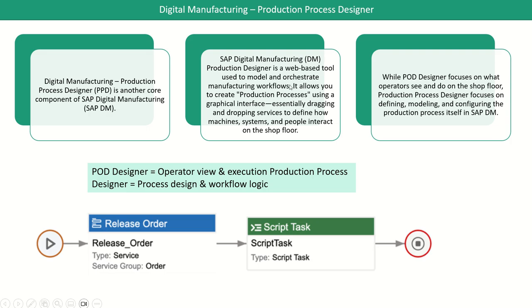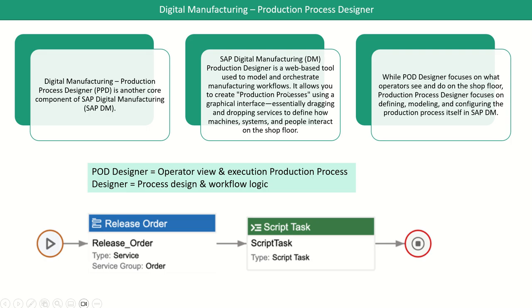The meaning is that here we can orchestrate business processes, and we can write our custom logic using this web-based tool. This tool provides a graphical user interface where we can drag and drop services, and those services will be executed whenever this production process is called.